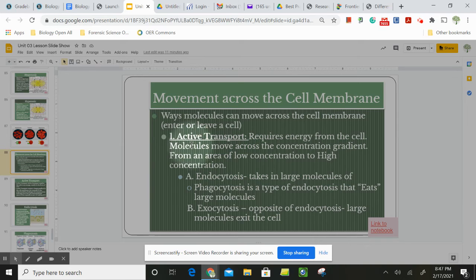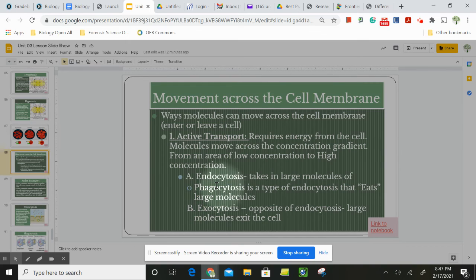So that's active transport. The three types of active transport that take place in cells are endocytosis, phagocytosis, and exocytosis. These are easy to remember if we think about our prefixes. Endo, the en, is going to make you think of the word enter, which means it's taking in large molecules.